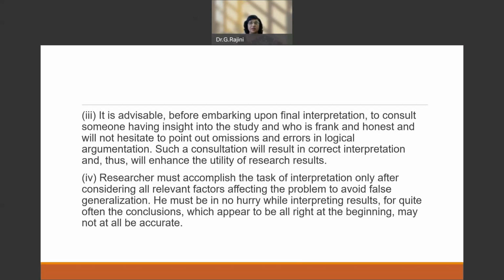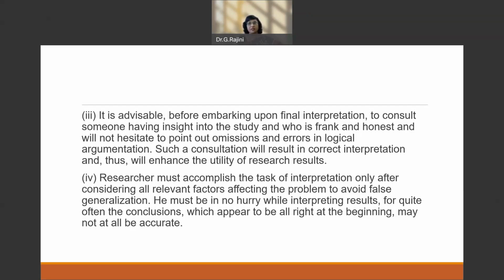You can present the findings of your study before the committee, and the committee will analyze what the findings are all about. They will find out if there are any omissions or errors in logical argumentation. So what we recommend is, the more you present your study to the experts, the more inputs you will get. Such a consultation will result in correct interpretation, and it will enhance the utility of the research result.